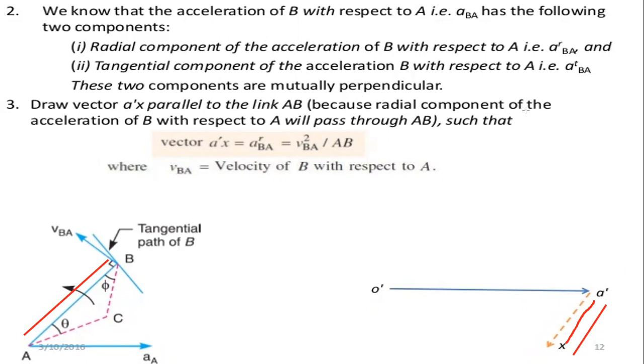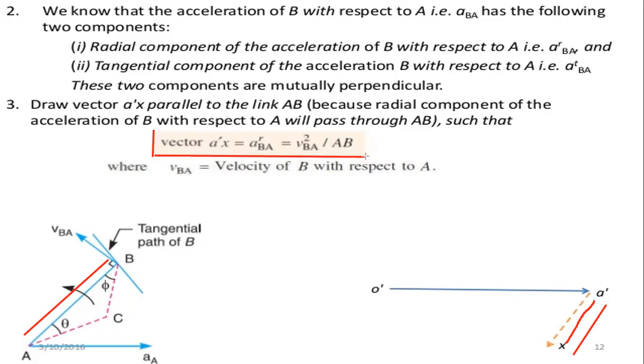Because the radial component of the acceleration of B with respect to A will pass through AB, such that vector A dash x is equal to the radial component of the acceleration of B with respect to A, that is equal to the square of the velocity of B with respect to A divided by AB.